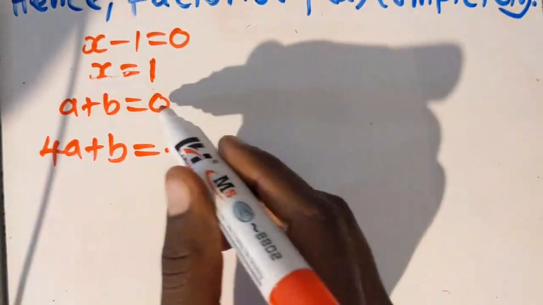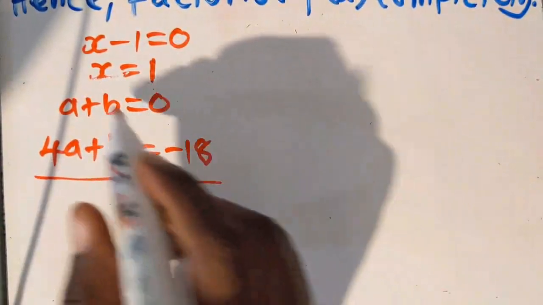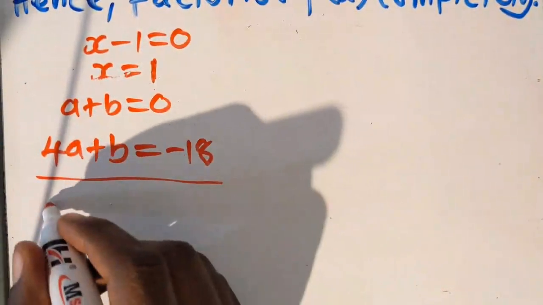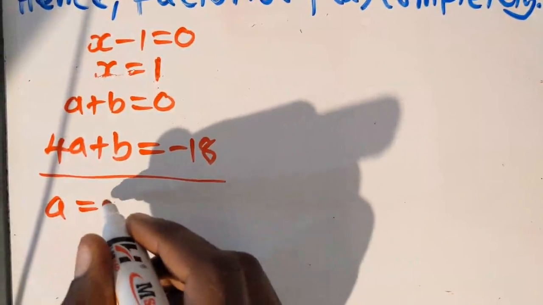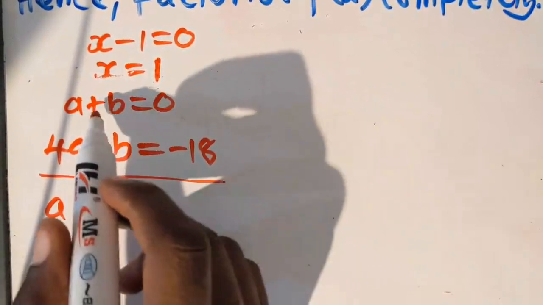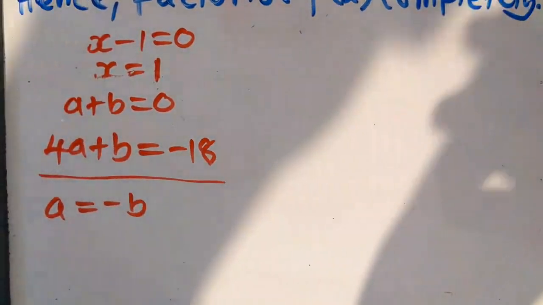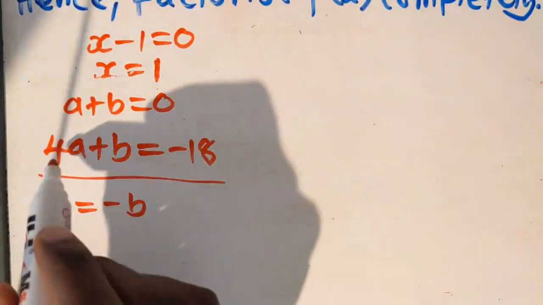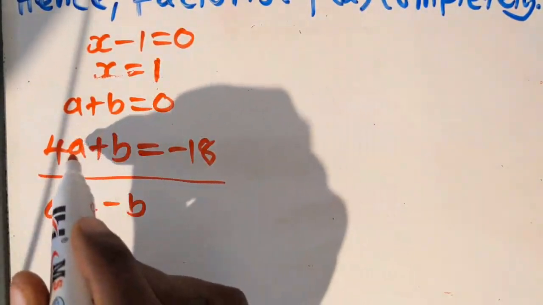So if we solve these simultaneously, we make a the subject, so a is equal to negative b. So you go to the second equation where there is a, and put negative b.